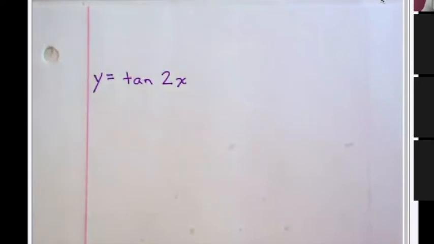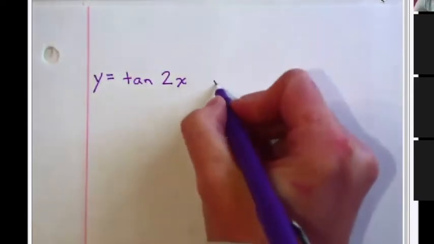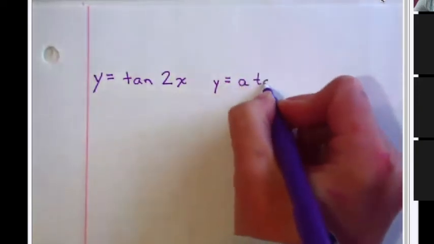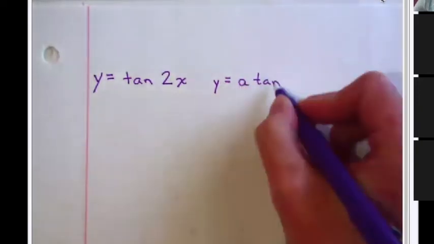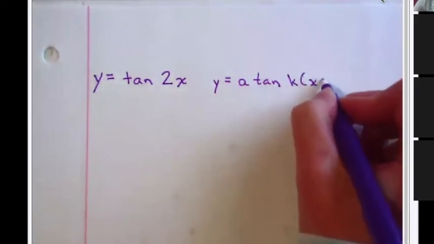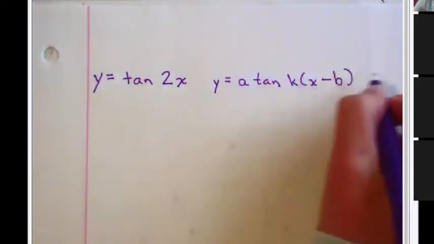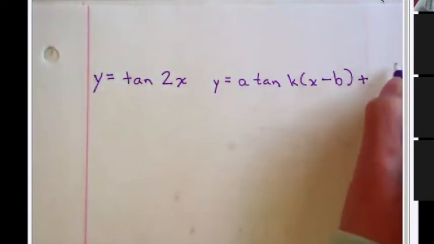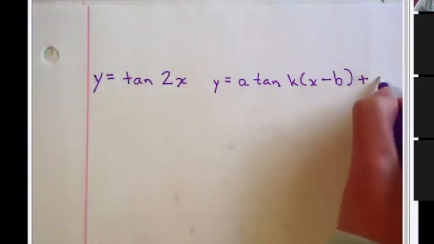Now, my general equation is still going to be the same. We've got y is equal to a times the tangent of k times x minus b, and then we could have a plus c.